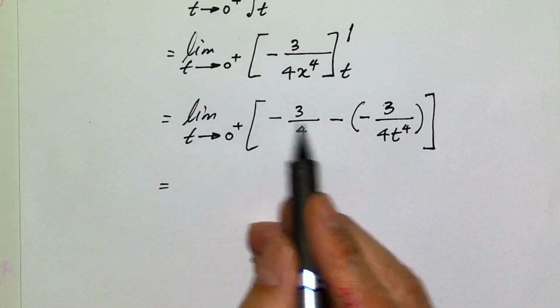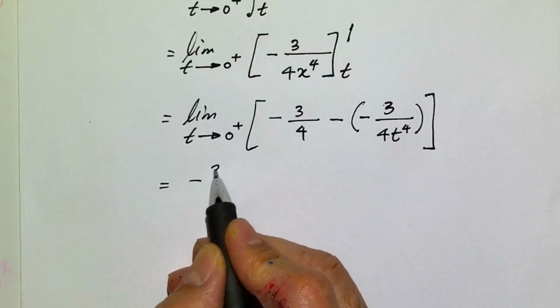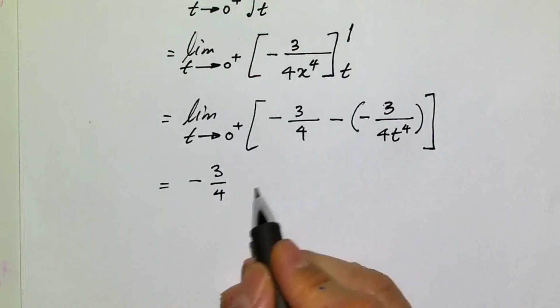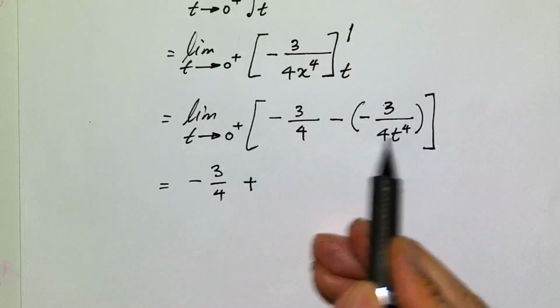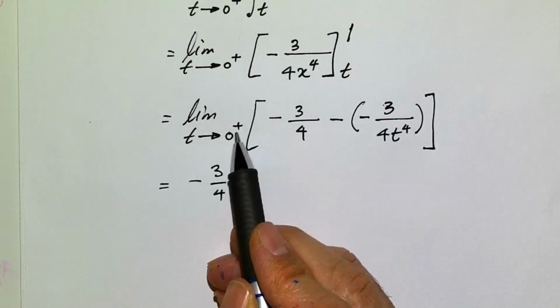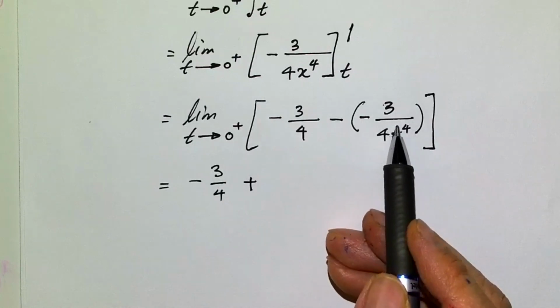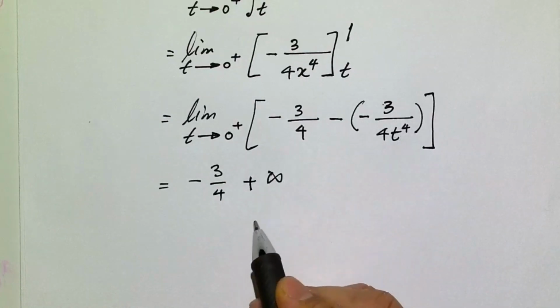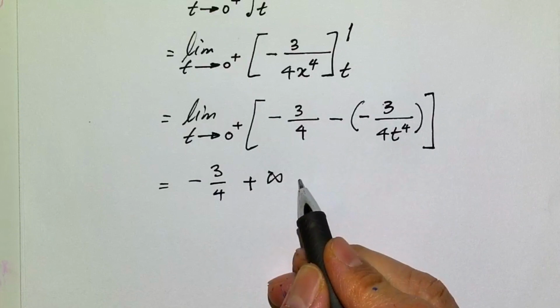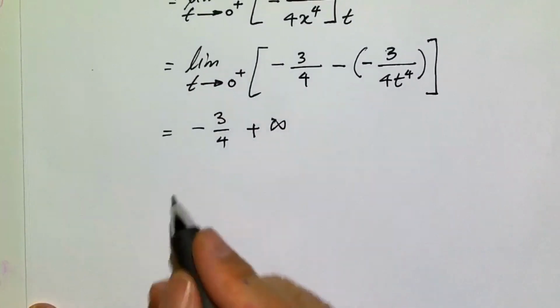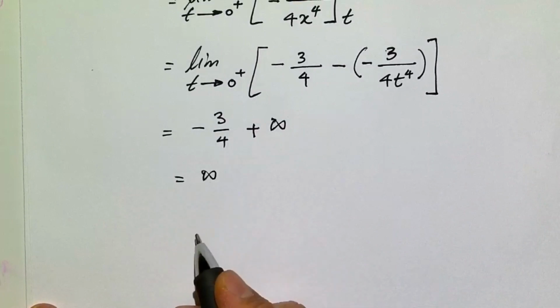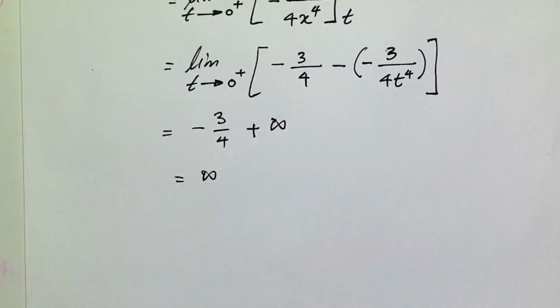The first term doesn't affect anything, so minus 3/4, then plus 3 over 4 t to the 4th power, which, as t goes to 0 from the right side, approaches positive infinity. So this whole thing, minus 3/4 plus infinity, is equal to infinity.